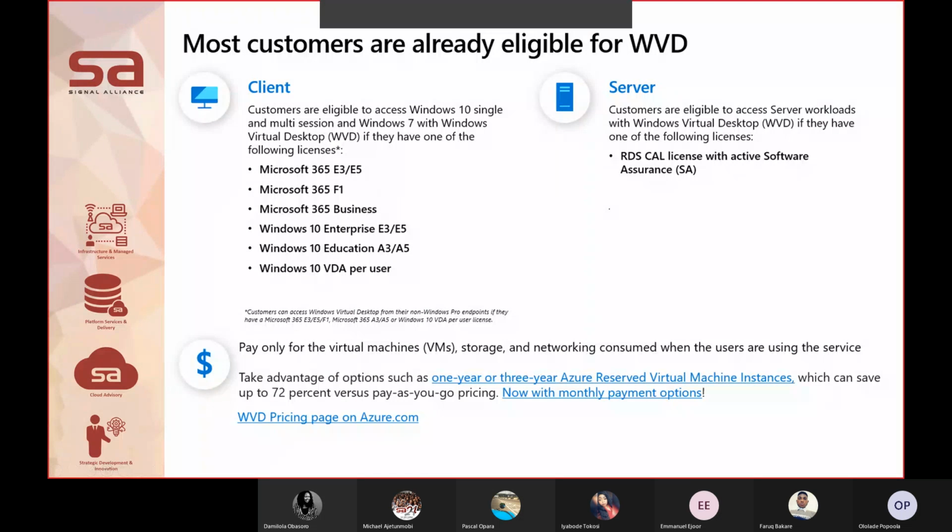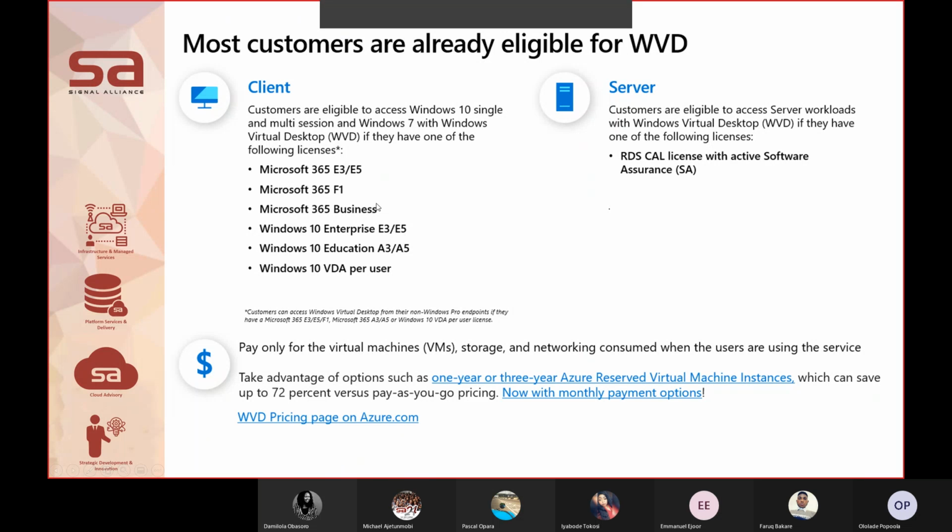The next thing is about the customers that are eligible for Windows Virtual Desktop. As a customer, if you have M365, either E3 or E5, or F1, or M365 Business, you are fully qualified for Windows Virtual Desktop. Now, some customers don't have the M365 license, but they have an Office 365 license, be it Office 365 E1, E3, or E5.